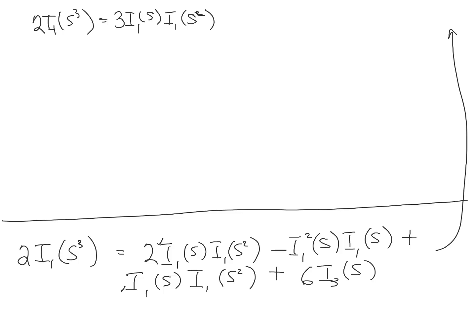The second term is similar because we have trace squared and we have trace. That will give you trace cube. So this will give us first invariant cube of S. That's what we have there. Then the last term.